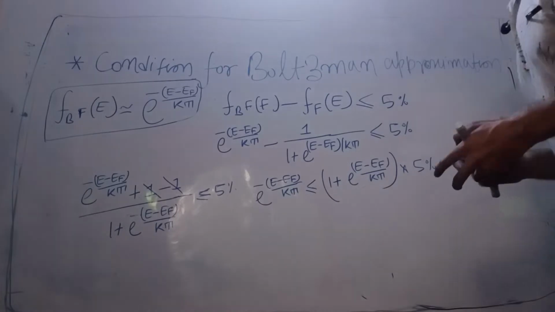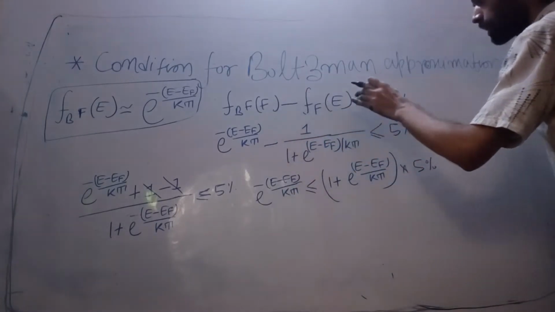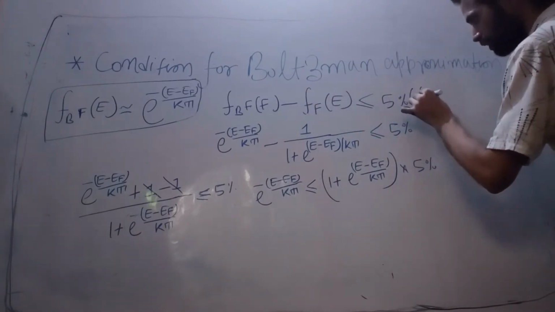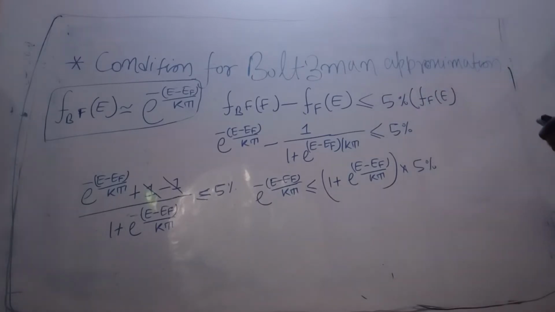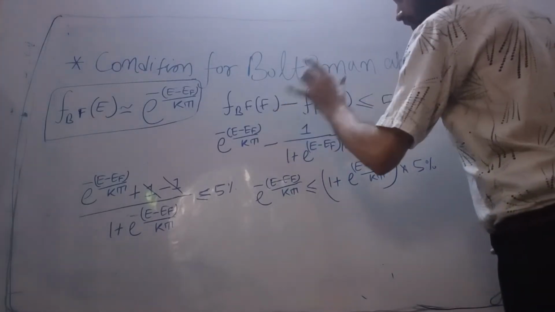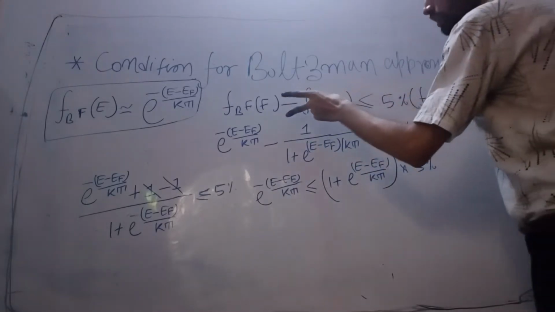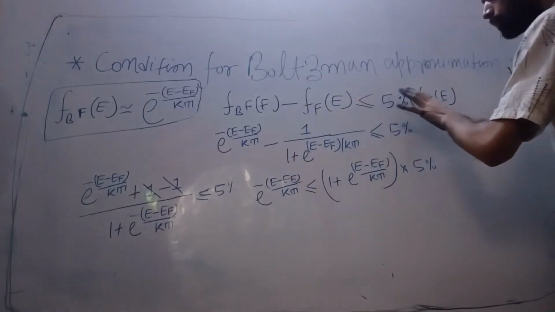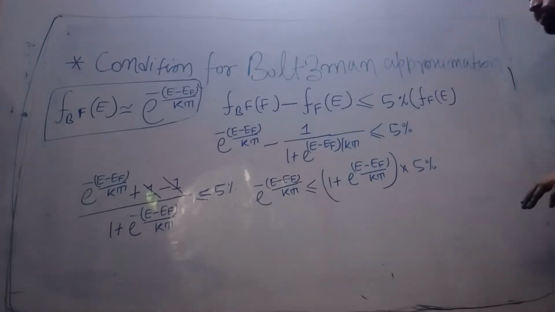Sorry, what is this difference? This difference is actually within 5% of what? Within 5% of the Fermi-Dirac distribution function.